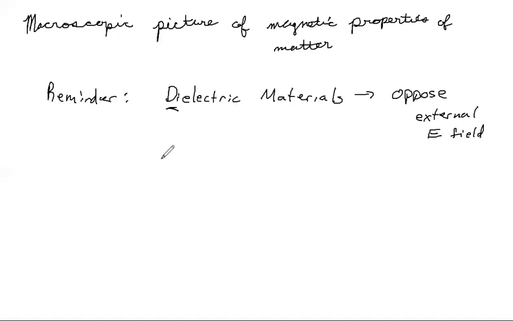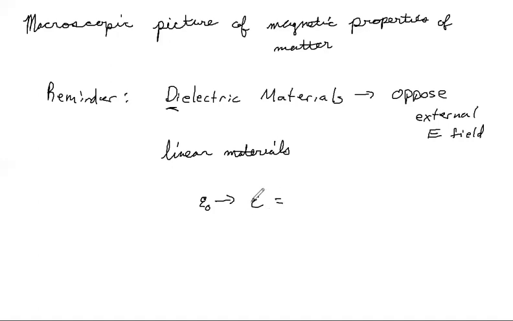And for linear homogeneous materials, meaning they're the same in all directions, the amount of polarization is proportional to the external field. So for linear materials, we could simply account for this dielectric phenomenon by replacing epsilon naught, the permittivity of free space, with epsilon, the permittivity of the material.